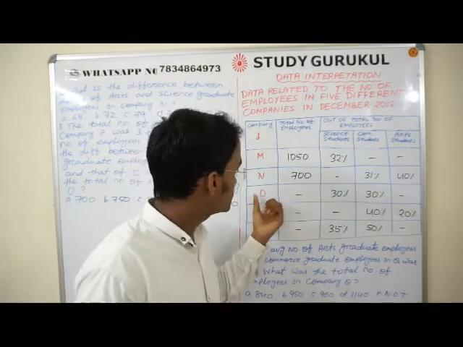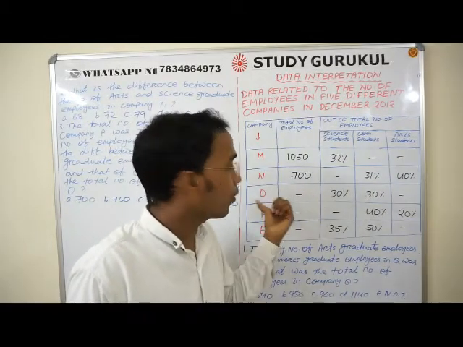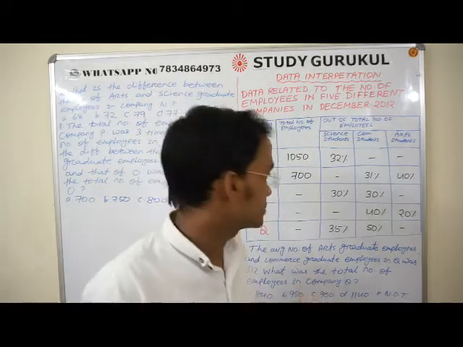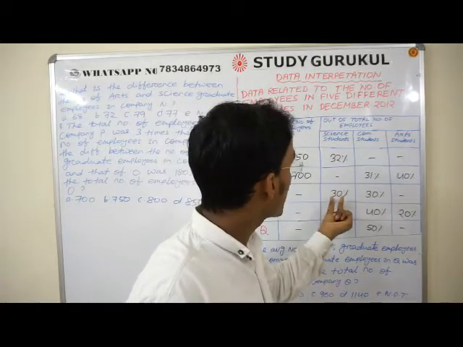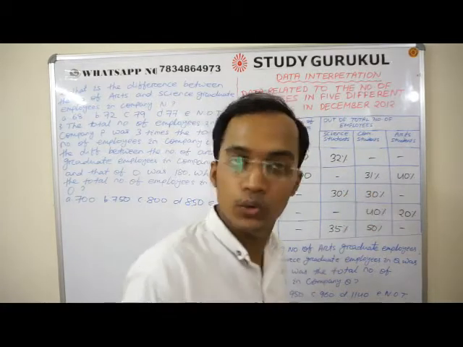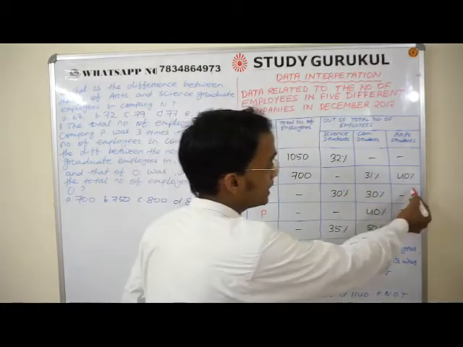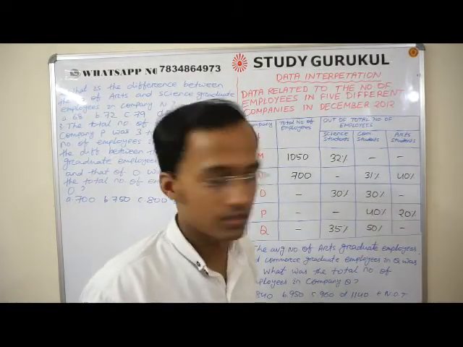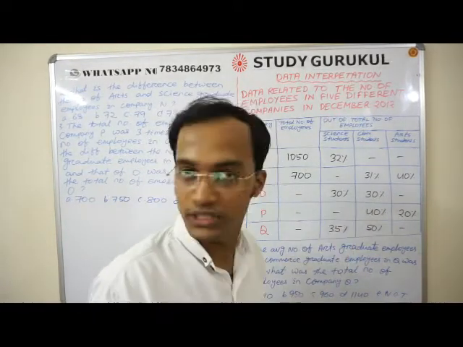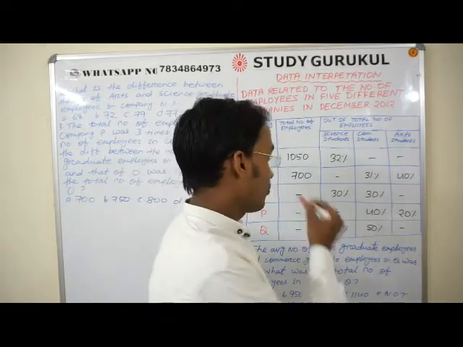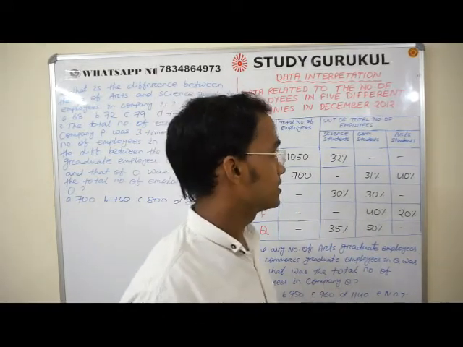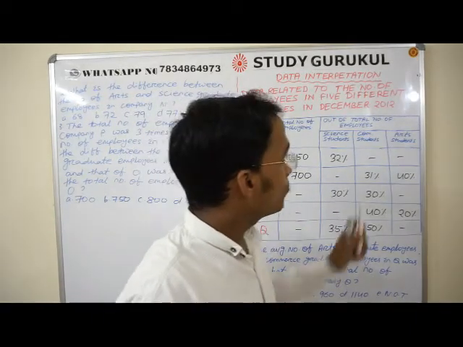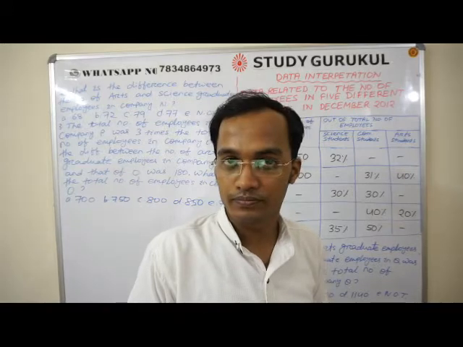In the same way, see, for company O, the total number of employees is not mentioned, but the number of science students and the number of commerce students is given. So we can easily find out the percentage of arts students. So here this is 60%, so 40% of students from company O belong to the arts stream.